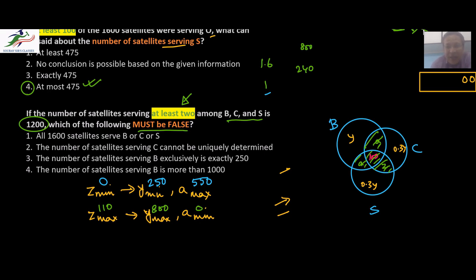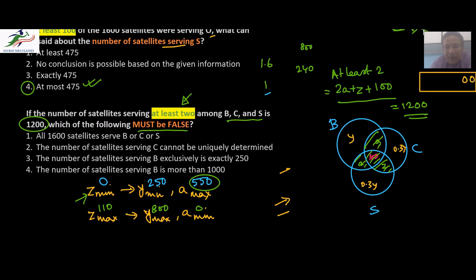So which means at least 2 is equal to 2a plus z plus 100. Now this is equal to 1200. This can only happen when the value of a is 550 and the value of z is 0.